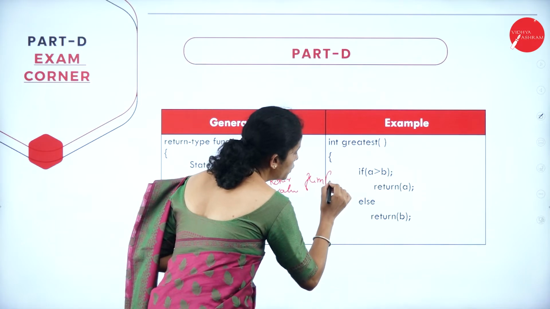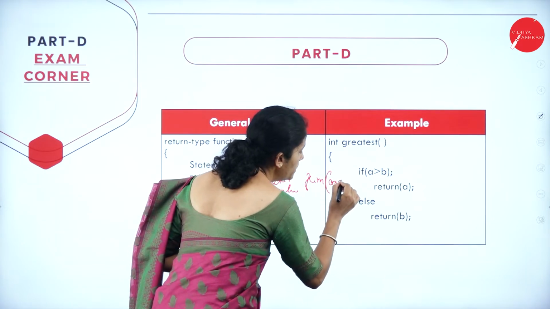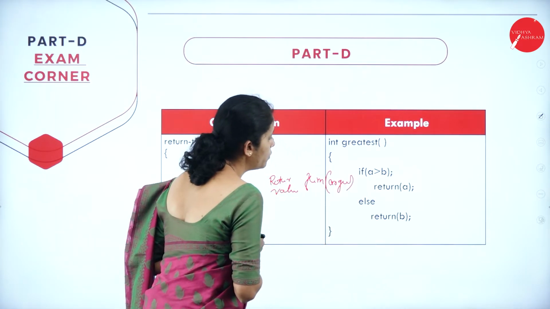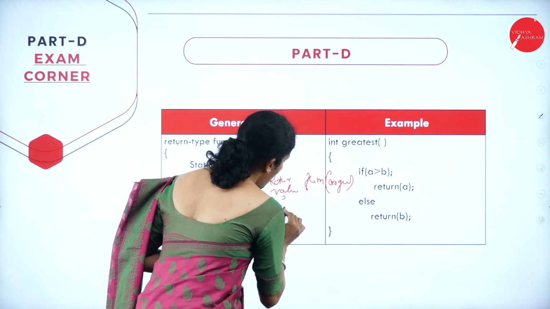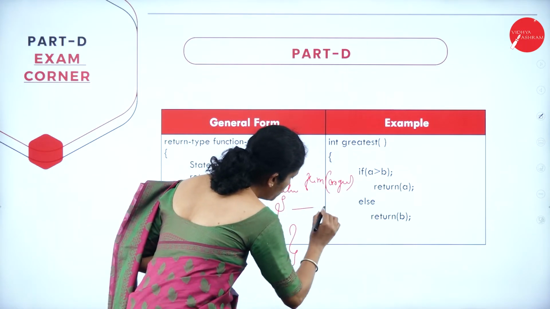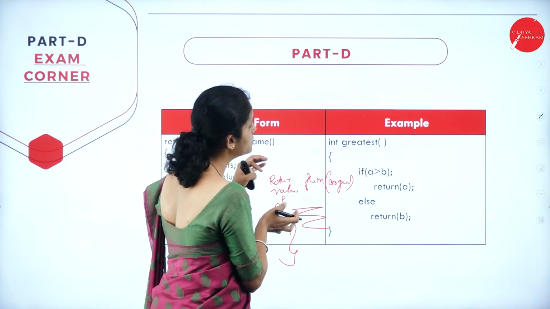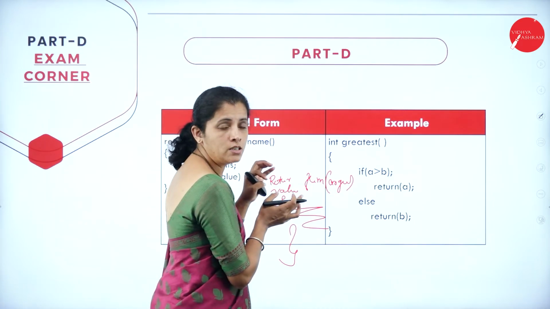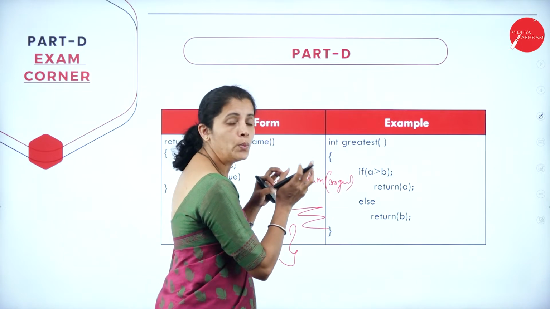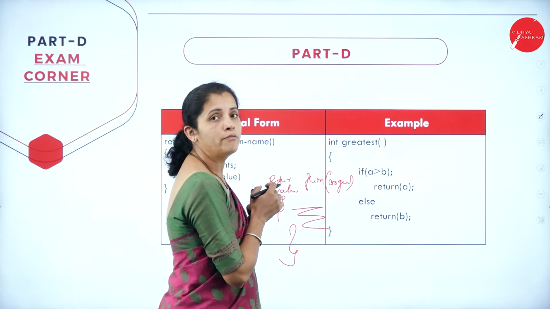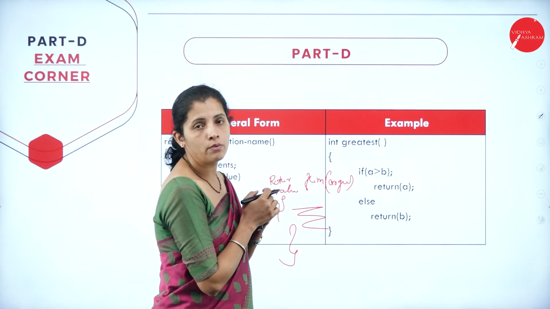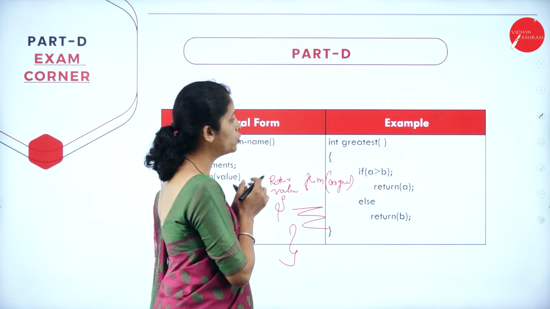After that, I'm going to have a list of arguments. Now, after that, I'm going to have a block of statements. So, this is the syntax for function that returns a value with arguments. That is, function with return value with arguments.